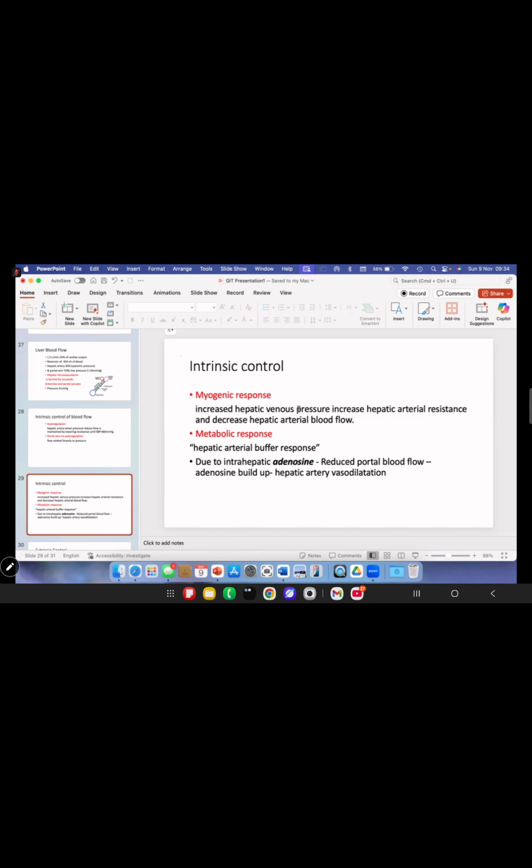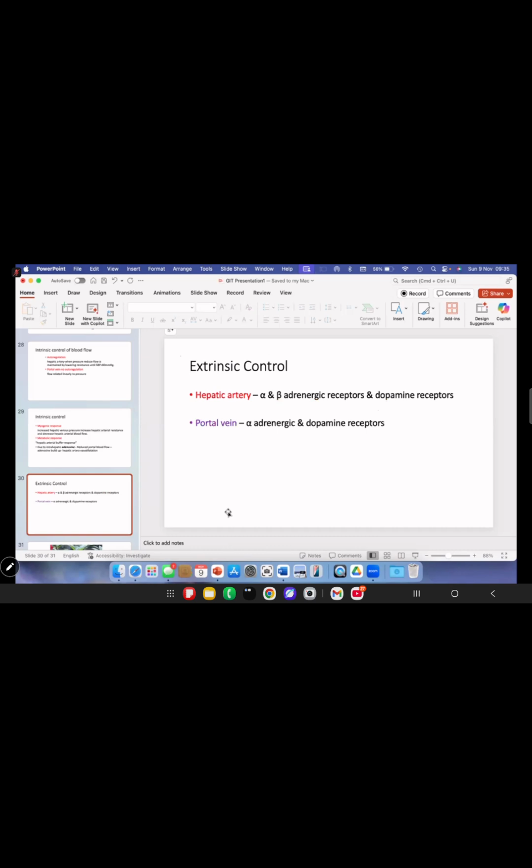That is called the hepatic arterial buffer response. Otherwise the liver won't get the blood, because 70% is from the mesenteric portal blood flow. So that should be reversed in a fasting state by the adenosine mainly, and some other vasodilators as well, which are accumulated in the vessels.